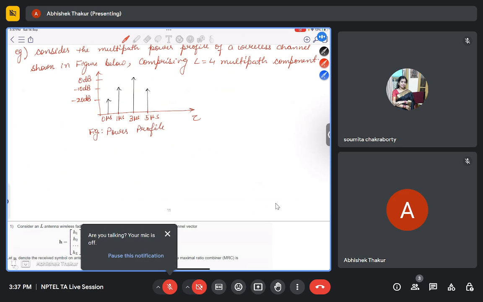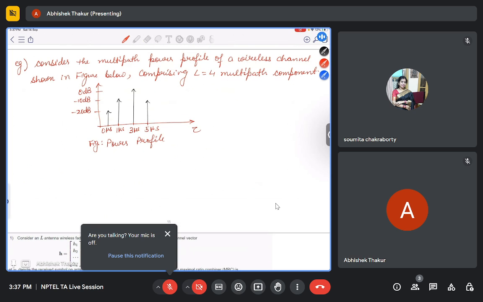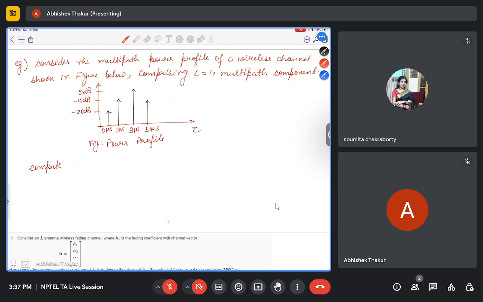So now we have to compute the RMS delay spread, sigma T RMS, for this wireless channel.